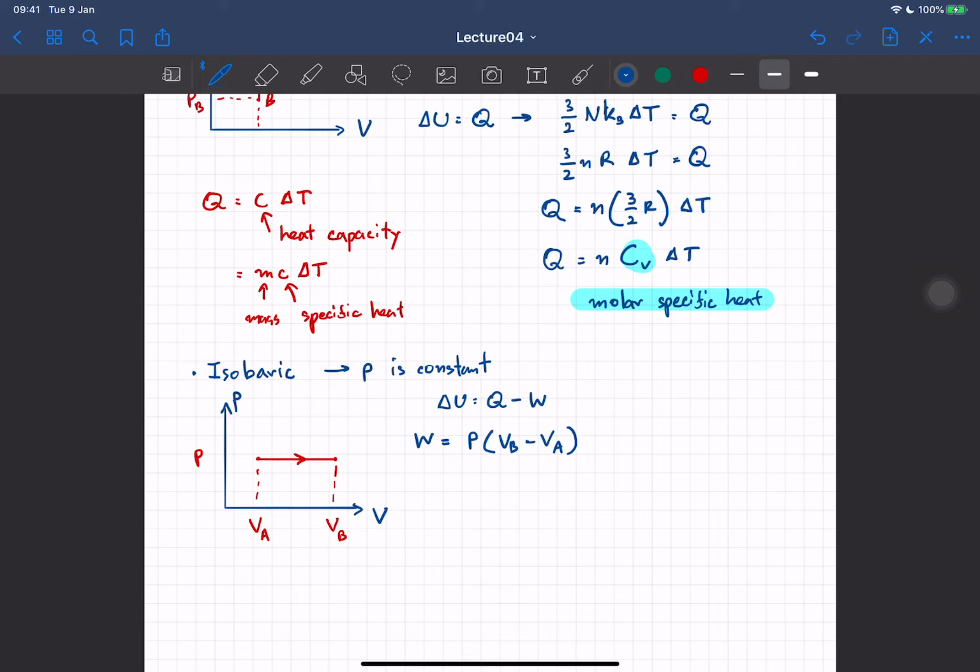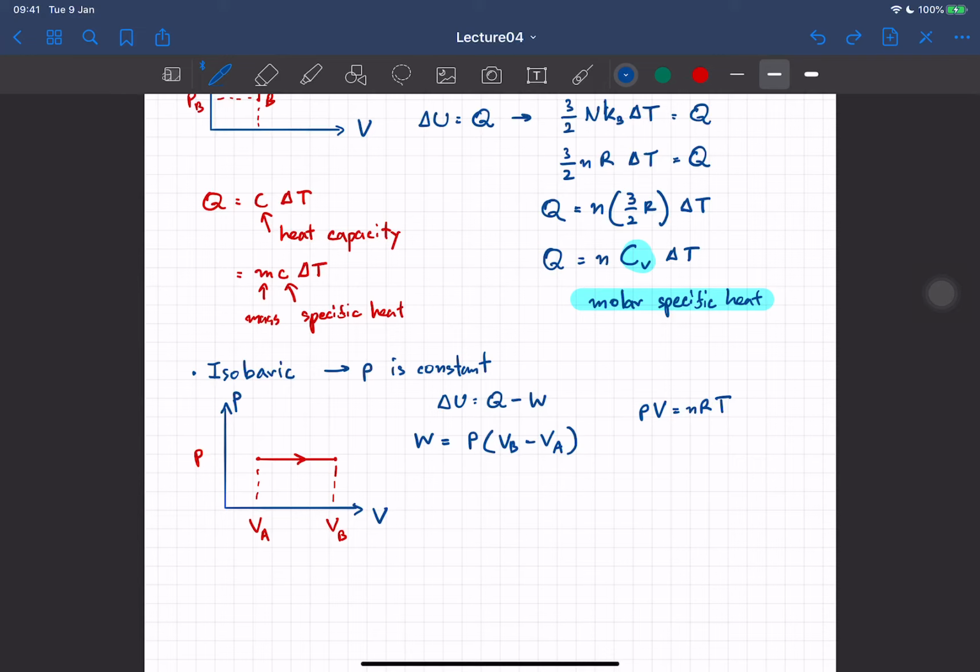But we can do a little bit more, because we can use the ideal gas law, PV equal to nRT, to substitute into this equation. In the end, what we want is the work done in terms of the change in temperature. You'll see why later on.